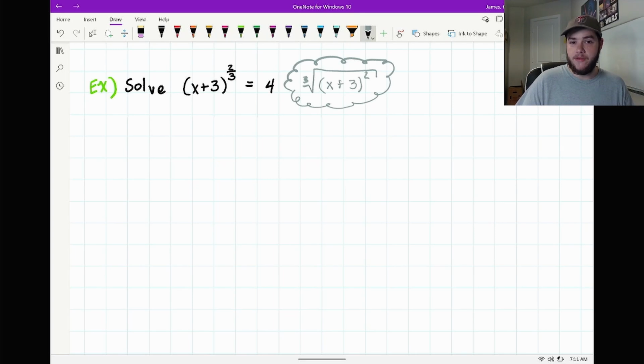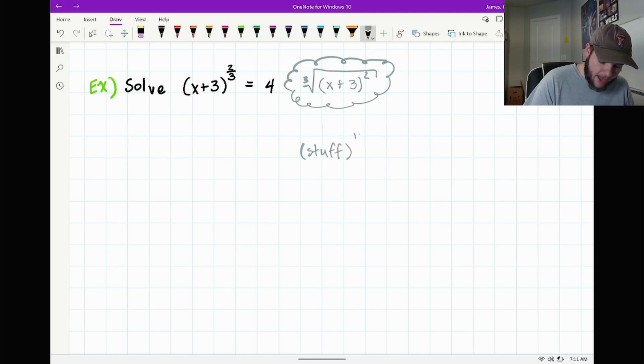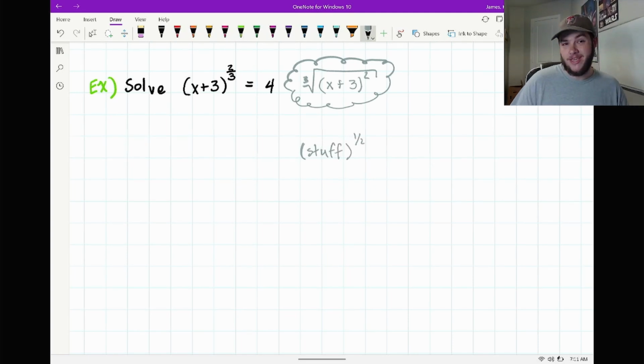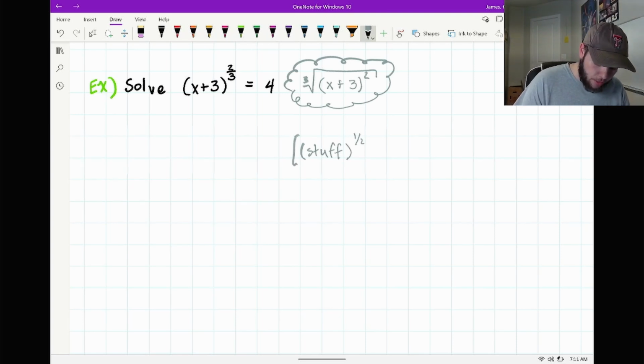Well, in the previous problems, to cancel out the square roots, we raised both sides to a power that would cancel it out. In the previous problems, remember, we had stuff to the 1/2 power, and the way that we canceled that out was by raising the whole thing to the 2nd power. Remember, when I have a power to a power, I multiply those powers together?